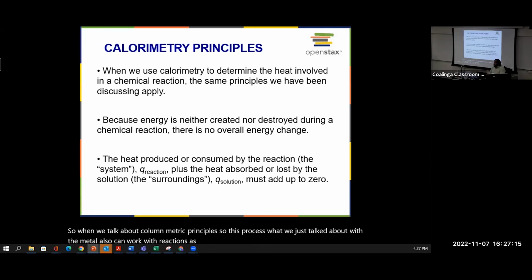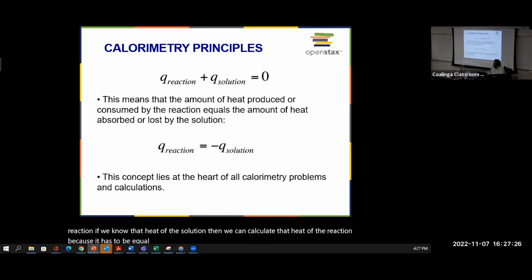If we're trying to determine the heat of a reaction, and we know the heat of the solution, then we can calculate that reaction because they have to be equal to each other. So we can say Q reaction is equal to negative Q solution.